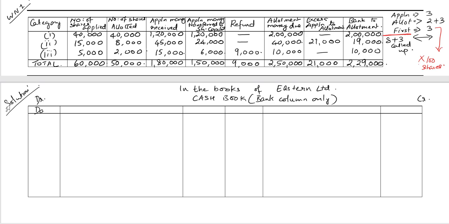We have date, particulars, a rupee column, and again date, particulars, and a rupee column.